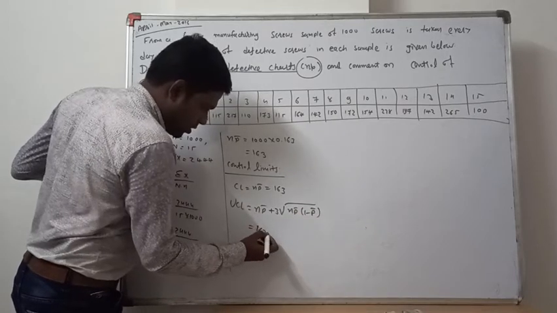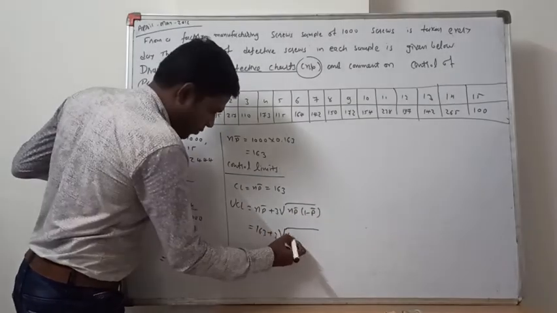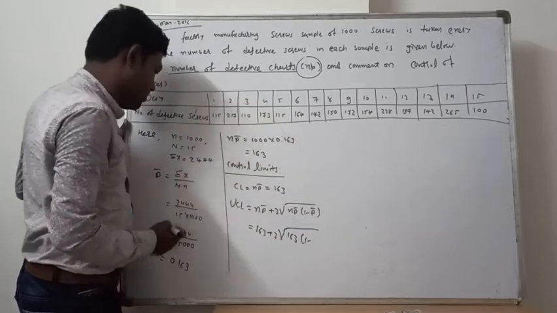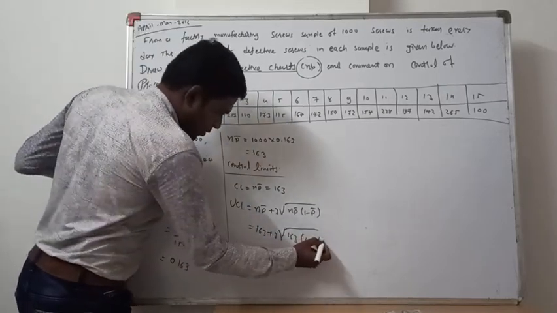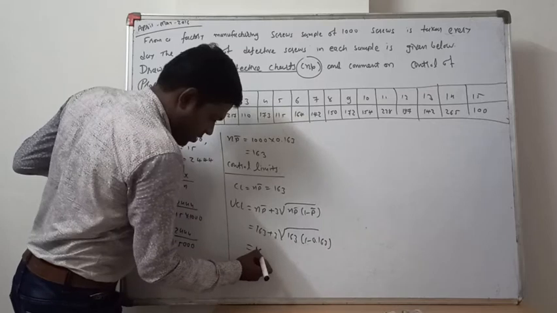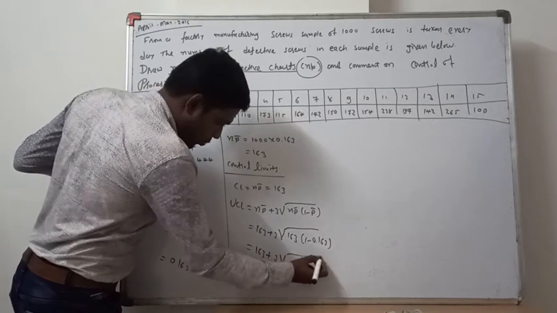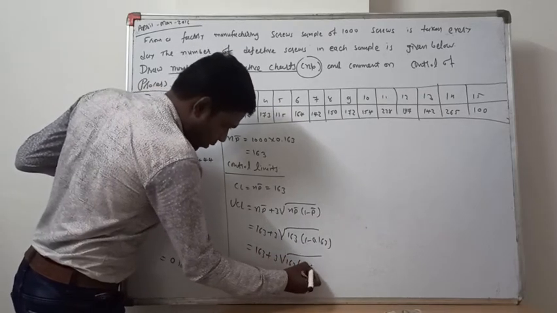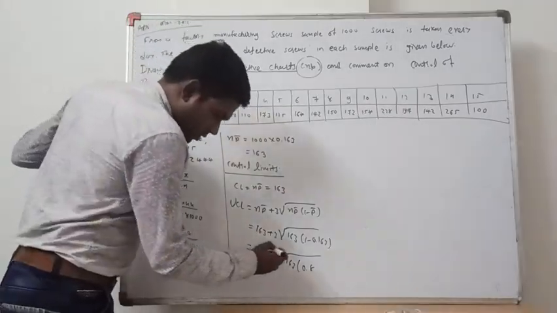Now 163 plus 3 square root of 163 into 1 minus P bar, which is 0.163, that is 0.837.